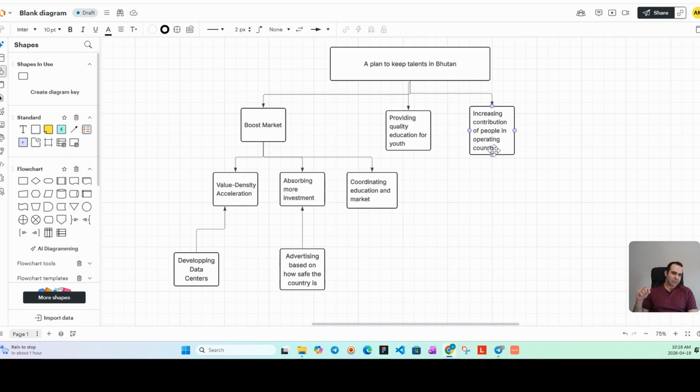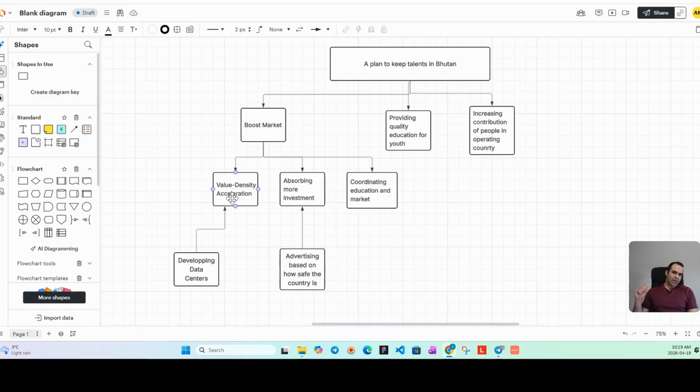And with the function of increasing contribution of people in operating the country, we try to make the environment a better place to live for those people. They are living and working in that environment, and they can change it to what they want. In this case, we can keep talents in Bhutan and increase the value.